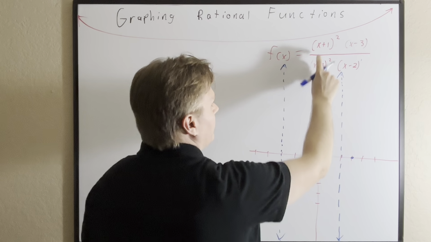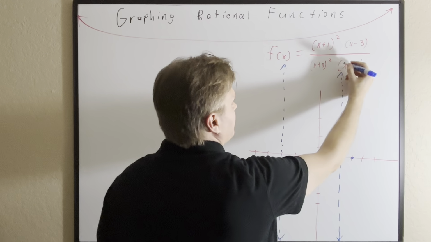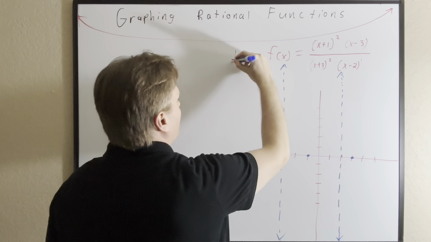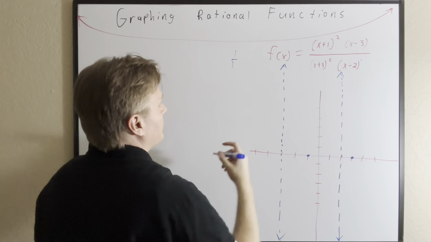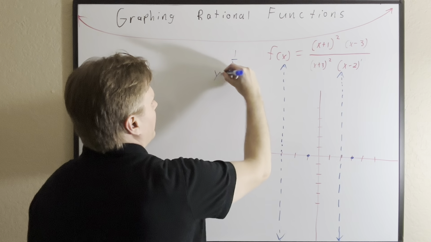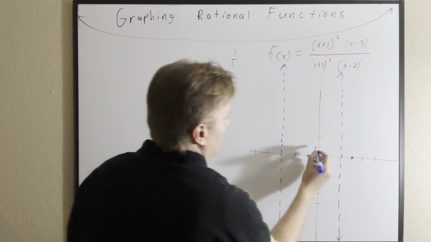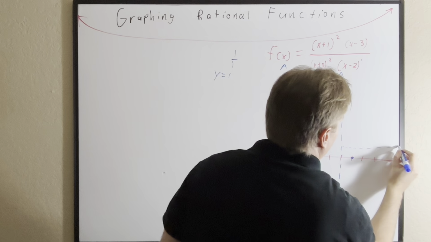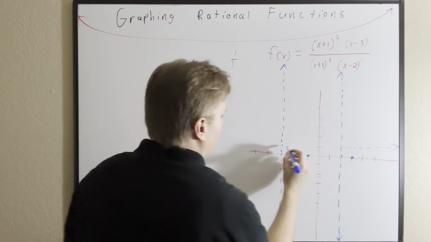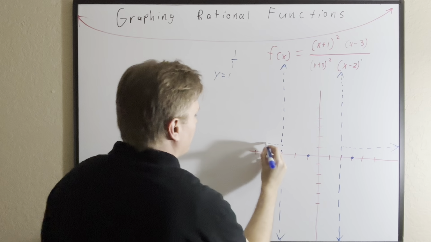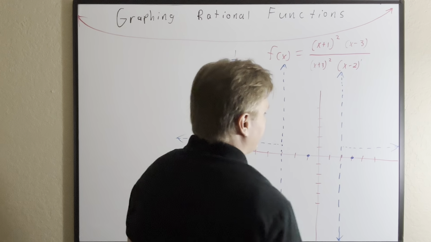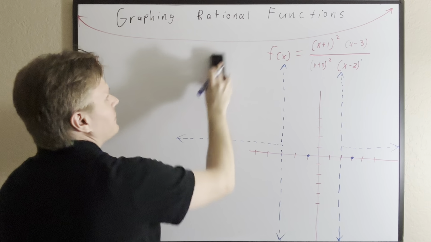And it's pretty easy because all these are understood 1s in front of all these x's. So it's just going to be 1/1 is our horizontal asymptote, or y equals 1, or y cannot equal 1. Now, I am leaving out the middle part because for some reason it doesn't apply to the middle part.